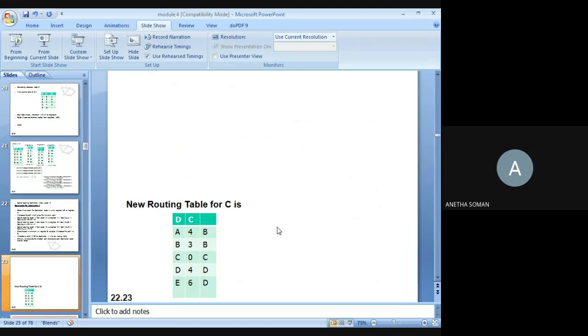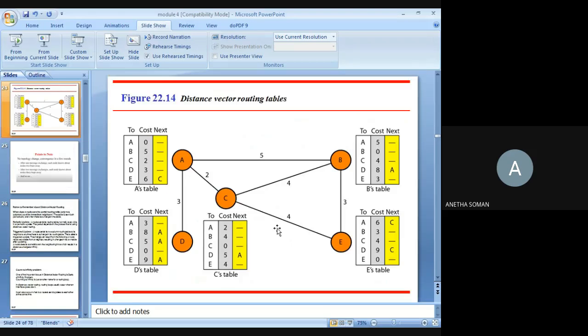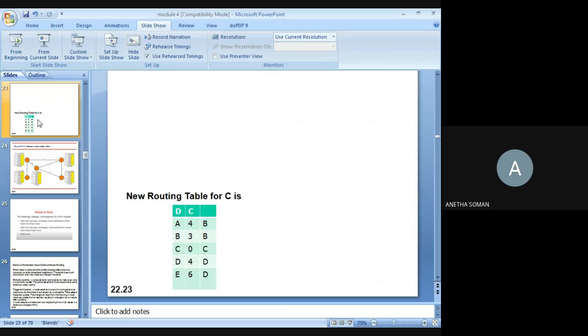Now we will work out a problem so that you will understand it better. The initial thing is that you have to create the table. Find out who the neighbors are for each router, share the information, and find the cost. You have to find the least cost path by applying the Bellman-Ford algorithm.